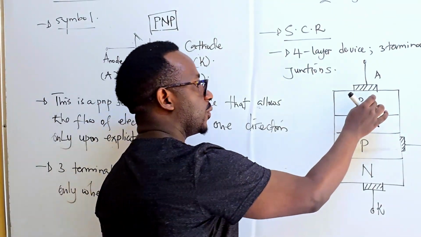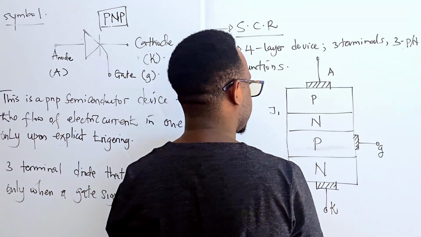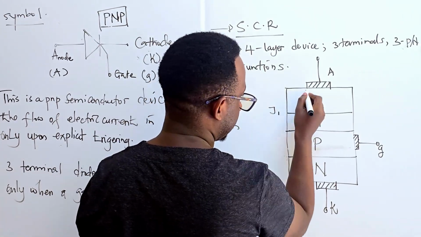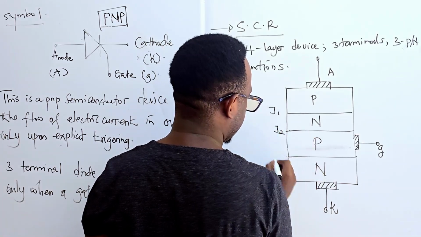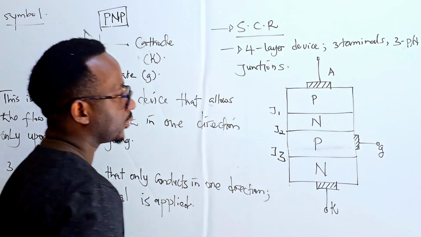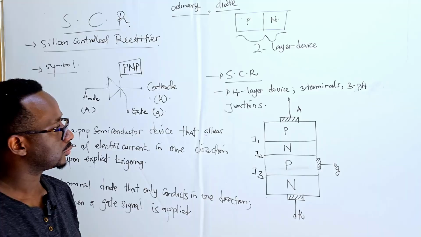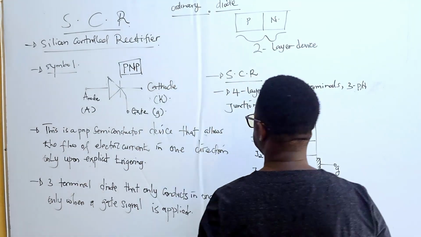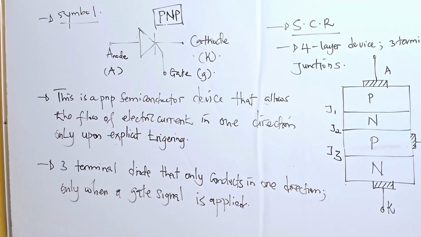So it is 1, 2, 3, 4 layers with PN junction 1 labeled as J1, PN junction 2, PN junction 3. This is what we call a silicon controlled rectifier.